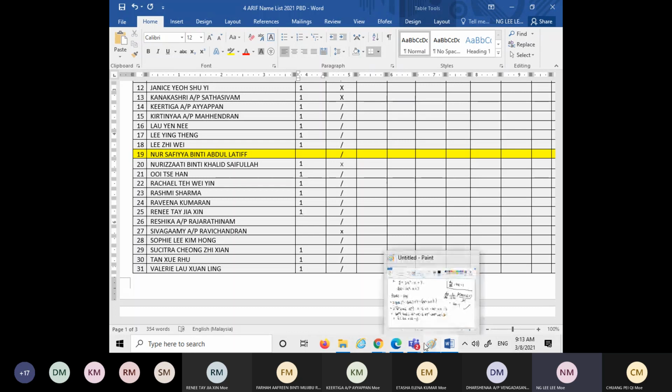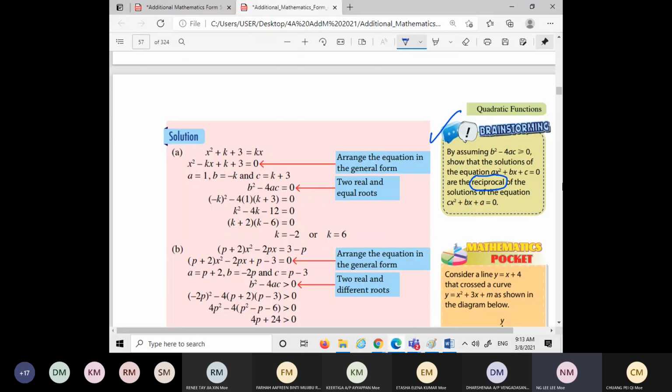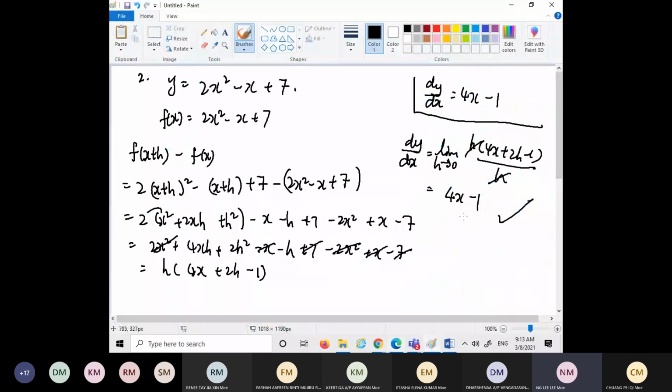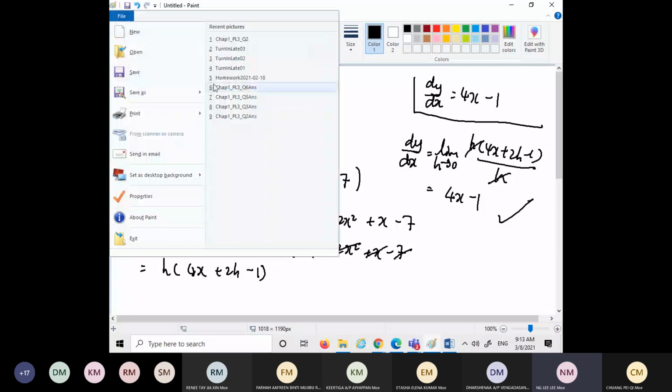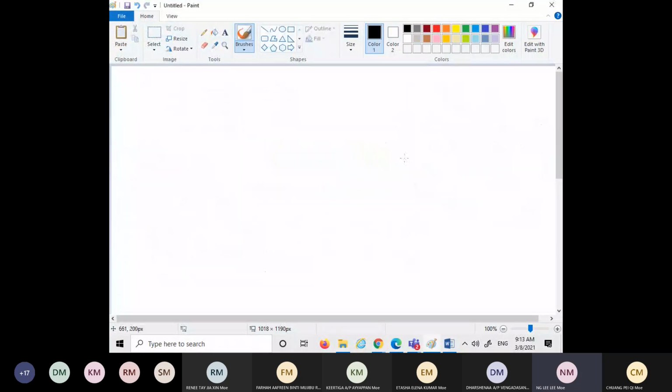So I come back to this one, reciprocal. Quite challenging. This question I don't know whether I can do or not. Let me open this. I hope you have a textbook. What's the meaning?